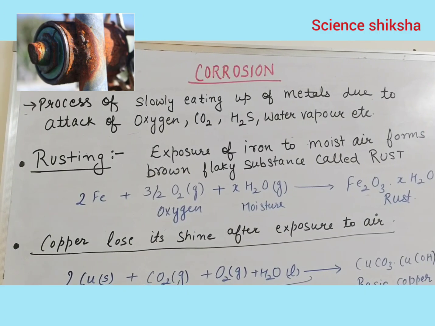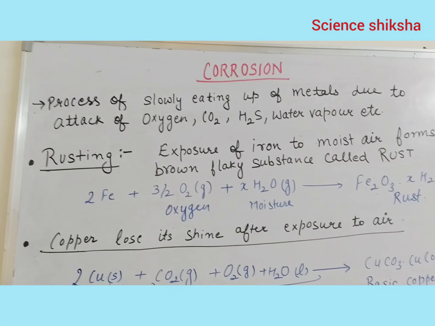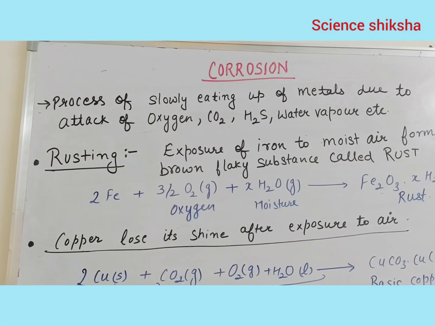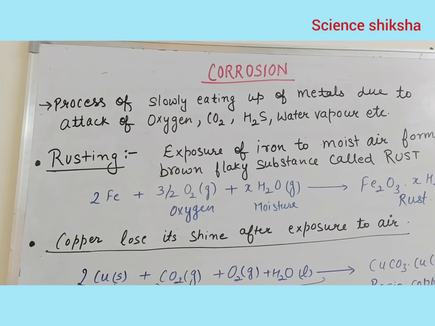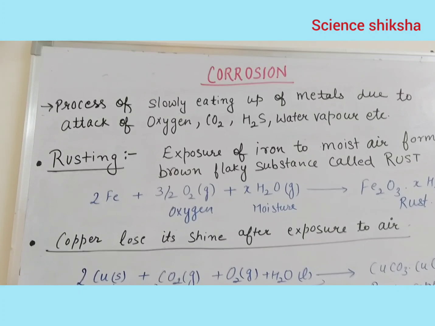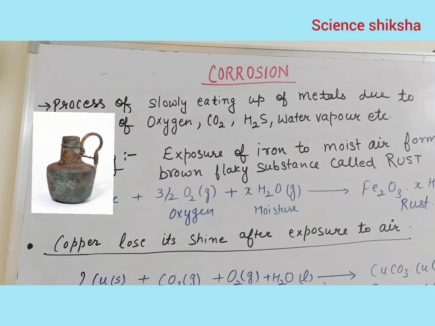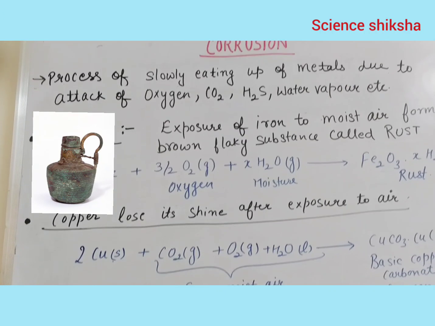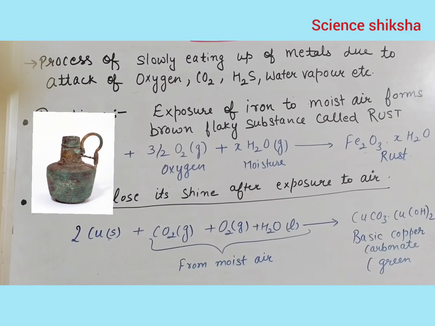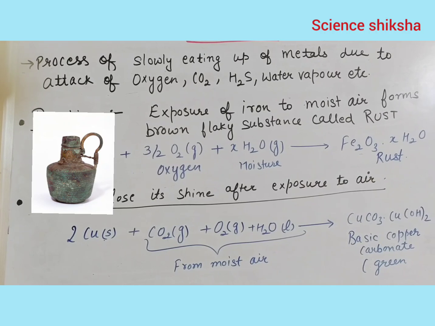Then another example of corrosion is that copper loses its shine after exposure to air. When copper is left for some time in the air, then a green color basic copper carbonate is formed.